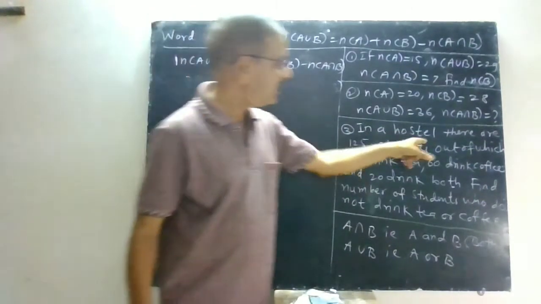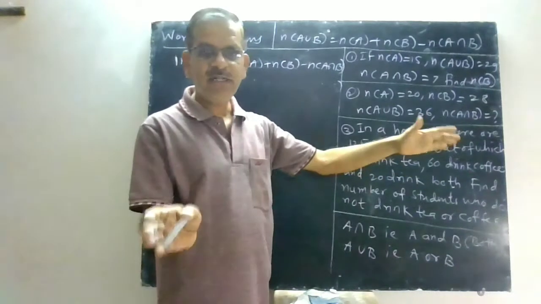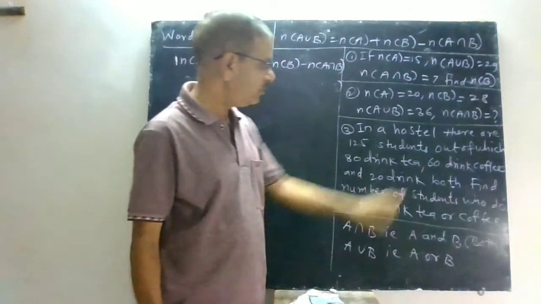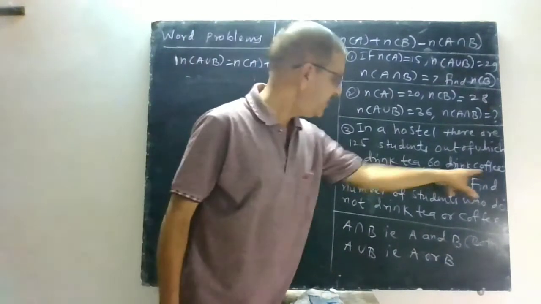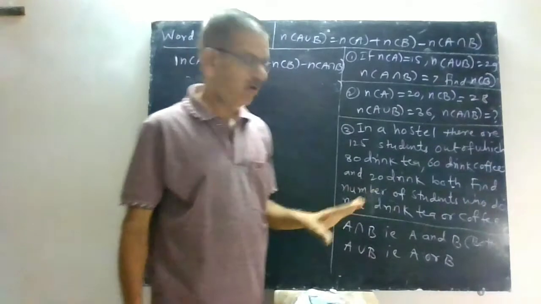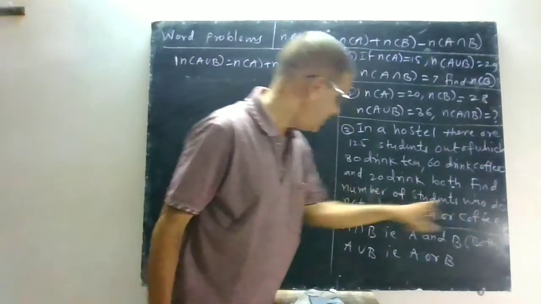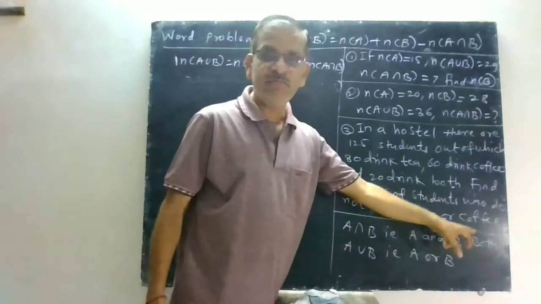Now read the problem here. In a hostel there are 125 students, out of which 80 drink tea, 60 drink coffee, and 20 drink both tea and coffee. Then you have to find the number of students who do not drink tea or coffee.